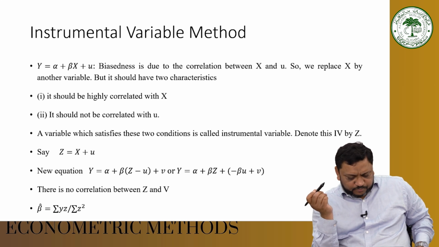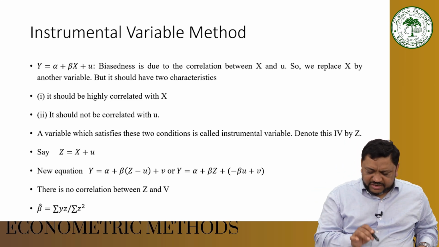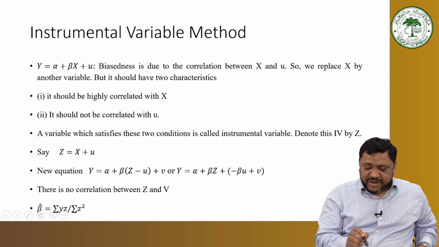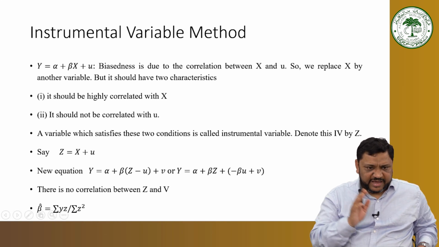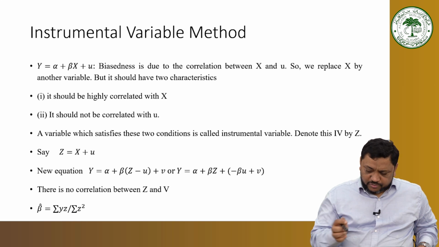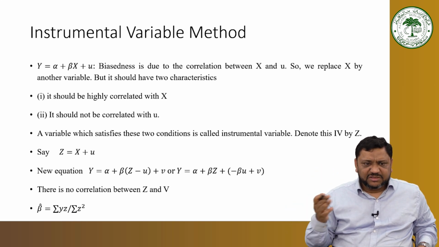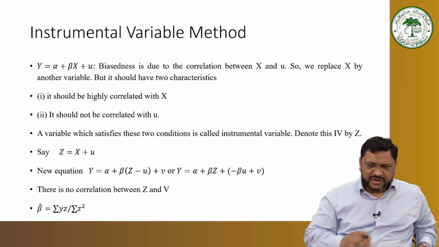Now we come back to our discussion. Biasness is because of the correlation between x and u. The independent variable and the error term are related, and because of this there is a problem of biasness.